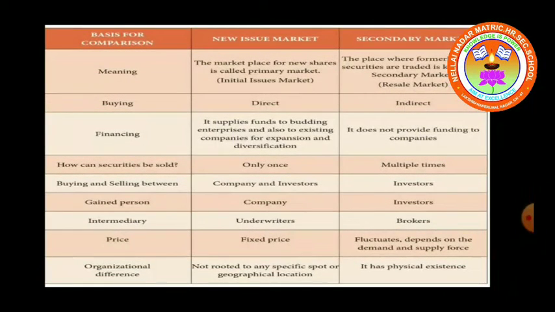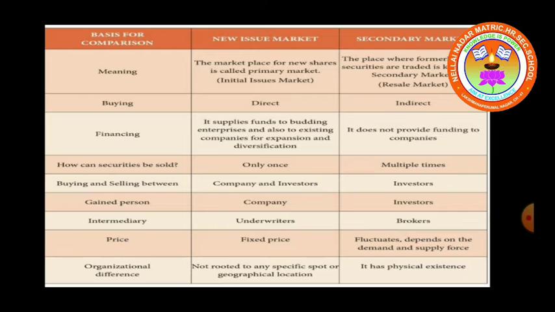Next is new issue market versus secondary market. Meaning: new issue market. The marketplace for new shares is called the primary market, that is, the initial issue market. Secondary market. The place where formerly issued securities are traded is known as the secondary market, that is, the resale market.